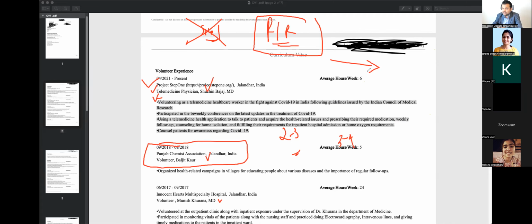Those societies require them to do some work. In neurology, for example, there is a neurology interest group, or stroke interest group, or cerebrovascular interest group, and different medical colleges have their chapter of the American Academy of Neurology. People join those chapters and they work there. That's why they are adding it in the volunteer section. But it's up to you whether you want to put your work experience in volunteer or as free work experience, observerships and everything.